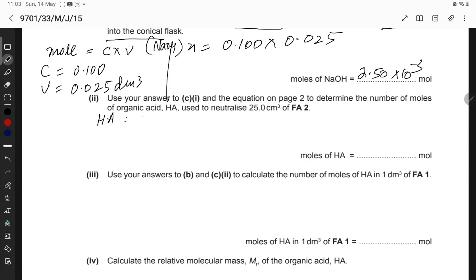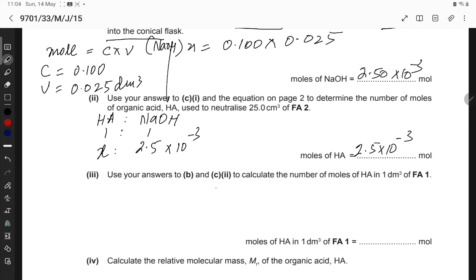The moles of sodium hydroxide is 2.5 into 10 raised to the power of minus 3, and the ratio is 1:1, so we have 2.5 into 10 raised to the power of minus 3 moles of acid.